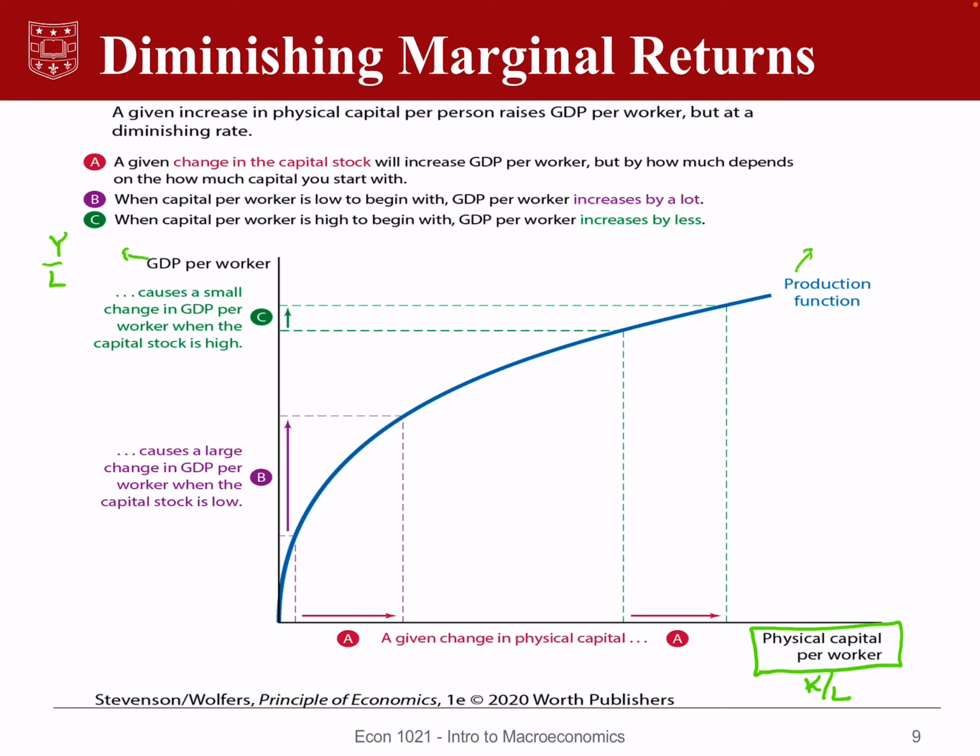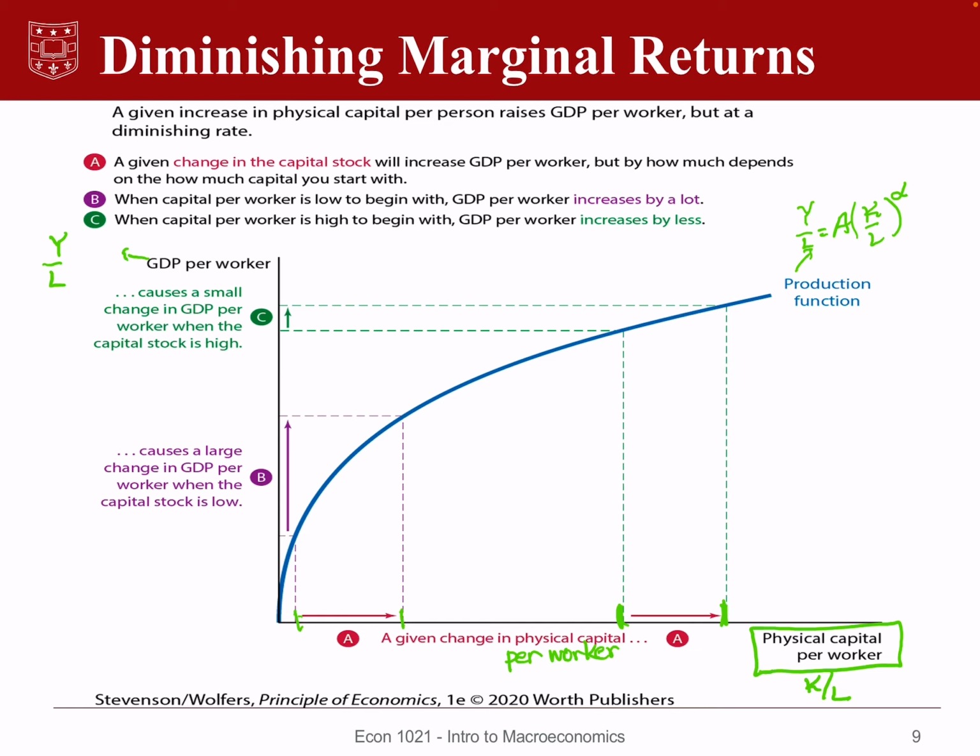Again, what we said, this production function is Y over L is equal to A times K over L to the alpha. That's our characterization of the production function. And what we can observe is that if we have a given change in the quantity of physical capital, and correctly per worker, so this size and this size are exactly the same.